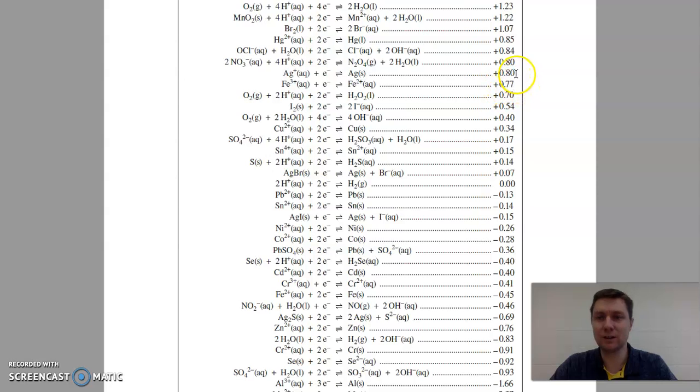And you can see that the difference between these two numbers here is 0.03 volts. So if this is 0, then this one would be negative 0.03 volts. That would be its new number. And then you can see every other number on the table would also change accordingly, making sure that the difference between each reaction is always the same. So that's one type of question you can see.